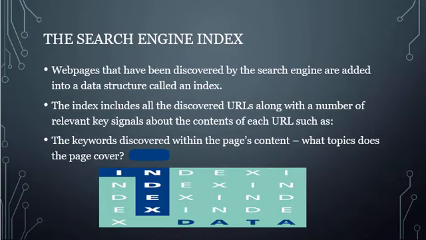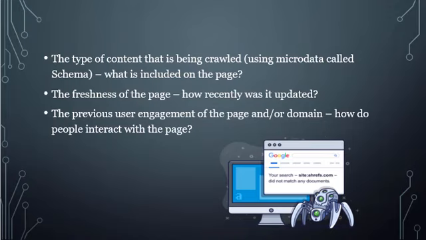The index includes all the discovered URLs along with a number of relevant key signals about the contents of each URL, such as the keywords discovered within the page's content, what topics the page covers, then the type of content that is being crawled using microdata called schema, what is included on the page, then the freshness of the page which depicts how recently it was updated, and lastly the previous user engagement of the page or the domain, which tells how people interact with the page.